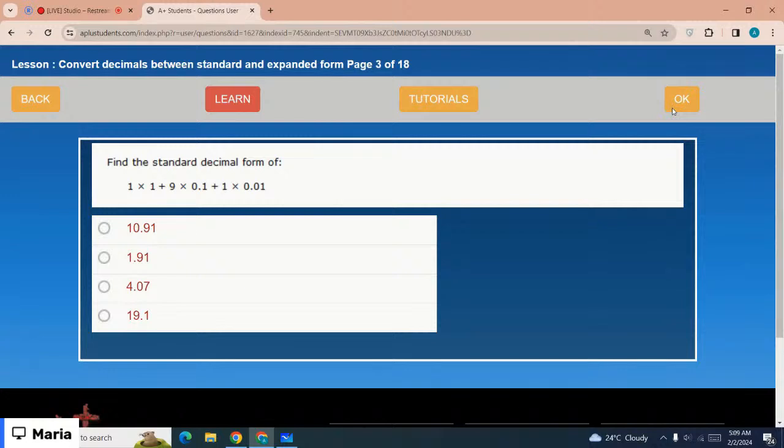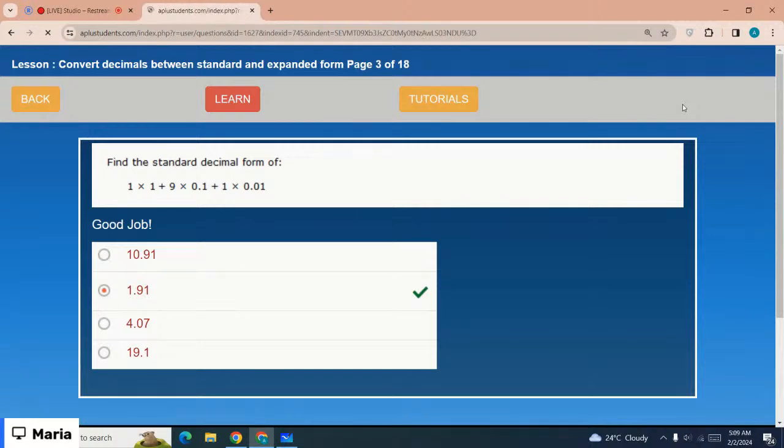The correct option is, very good, that is 1.91. Option number 2 is the correct option.